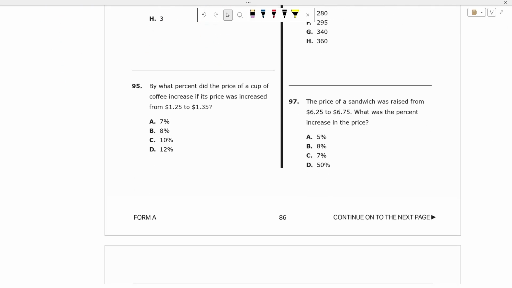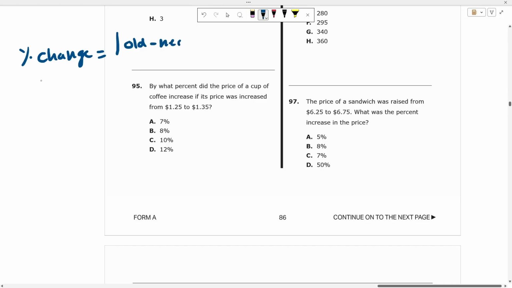95 asks us, by what percent did the price of a cup of coffee increase if its price was increased from 1.25 to 1.35? So percent change or percent increase is just going to equal, in this case, the absolute value of old minus new divided by old times 100. So in this case, we're going to do the absolute value of 1.25 minus 1.35, or the other way around.